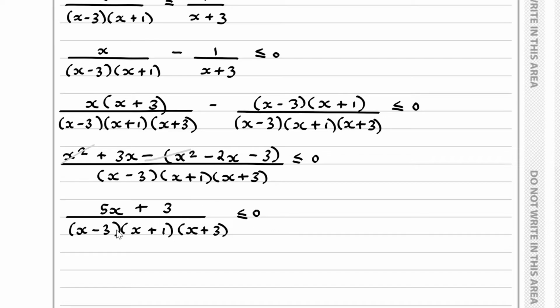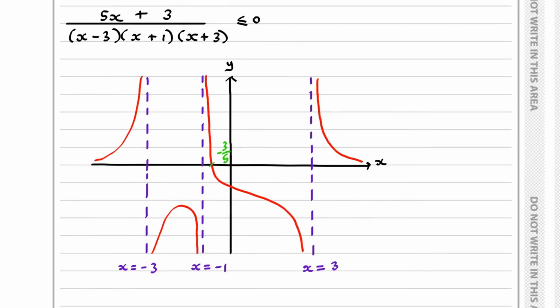And now we can sketch this. We have asymptotes at minus 3, minus 1 and 3, and we have an interception point on the x-axis at the point minus 3 over 5. Okay, so let's quickly sketch this. So we've got a graph like this.